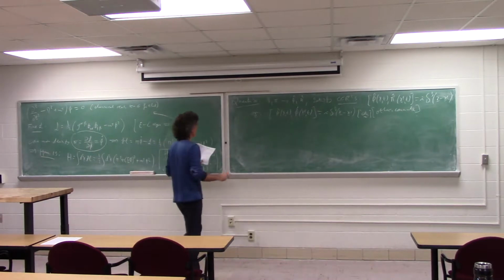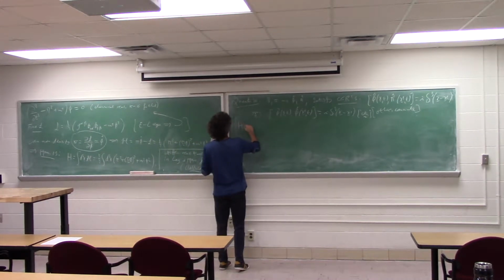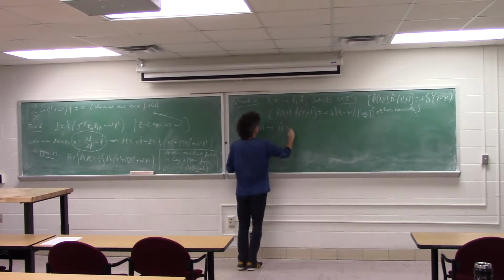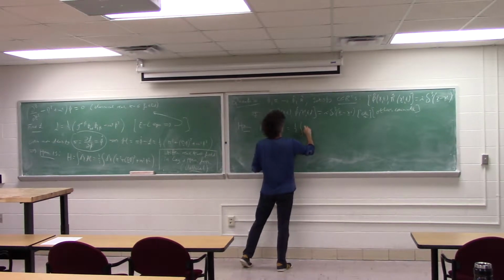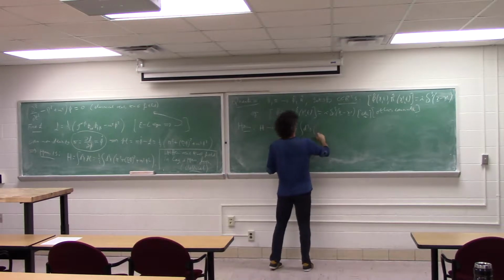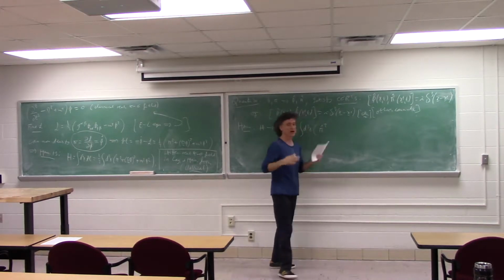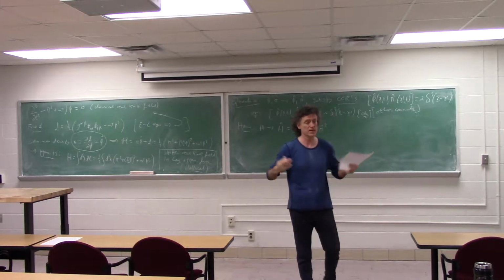Okay, final thing, the Hamiltonian also becomes an operator. So we have the Hamiltonian operator, which let's write in terms of pi hat. Usually you write your Hamiltonian in terms of x's and p's.